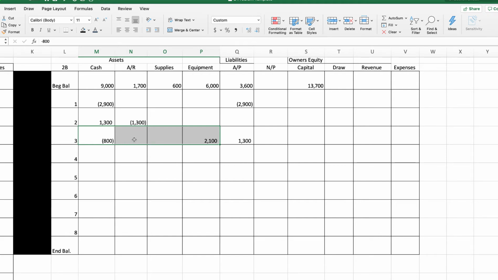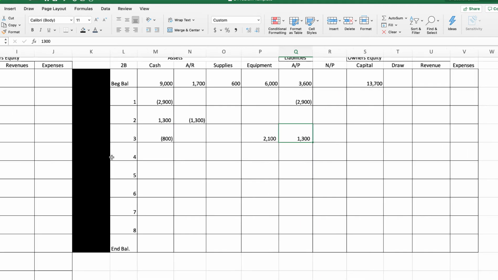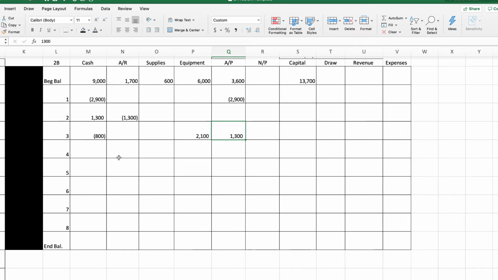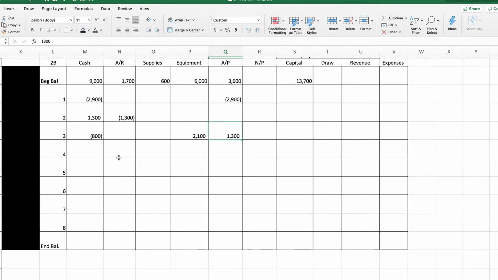So in assets, we have $1,300, and in liabilities, we have $1,300. After booking this transaction, our accounting equation is still in balance. And again, the takeaway here is to read the problem and pull out what they tell you.